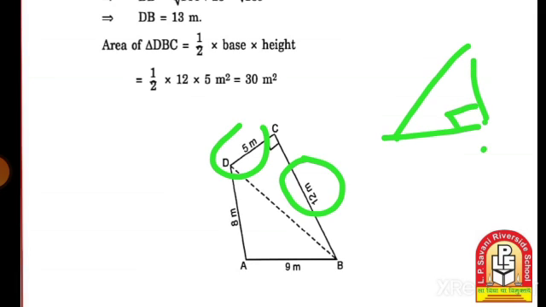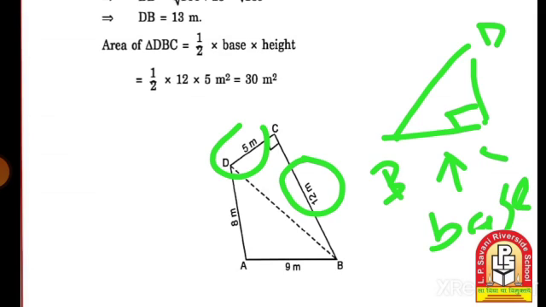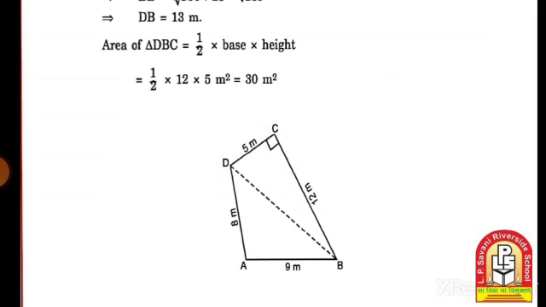Here the angle C, here angle D and here angle B. So in this way you can say that this is the base and this is the height. Okay, so by using this formula, 1 by 2 multiplied by 12 multiplied by 5, that is 30 meter square.